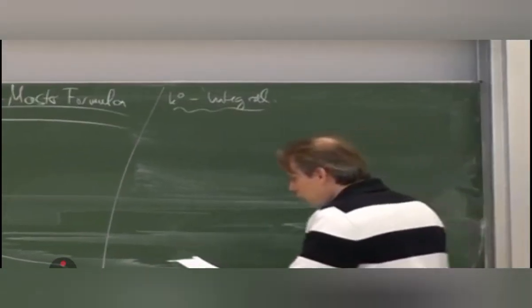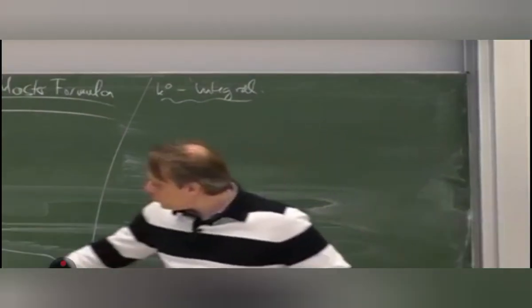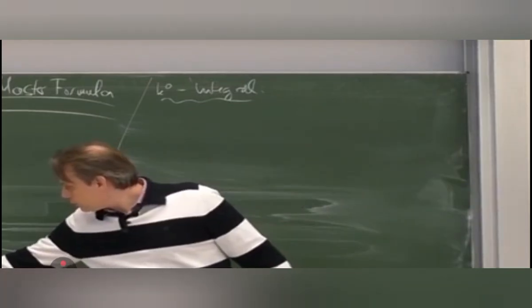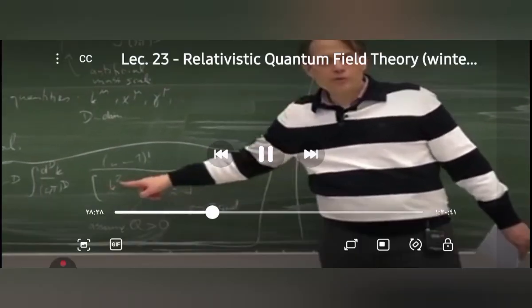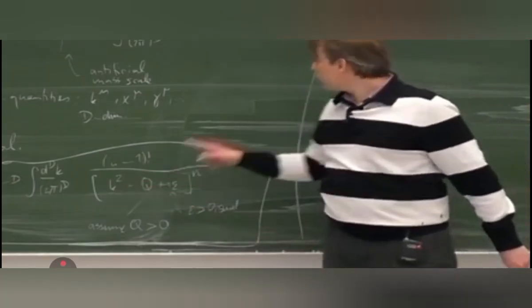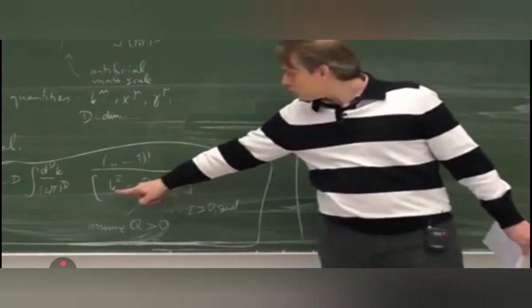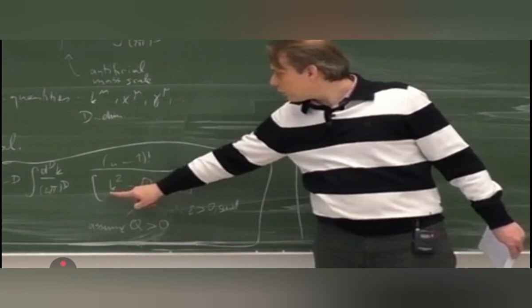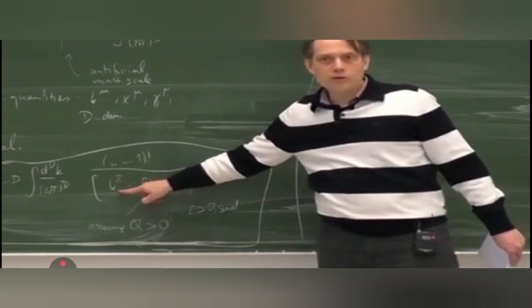So the K0 integral. You see here, we have a denominator, and the denominator can go to 0. It can happen if you do the integral over K0 that somehow there is a cancellation between K0 square and all the rest.